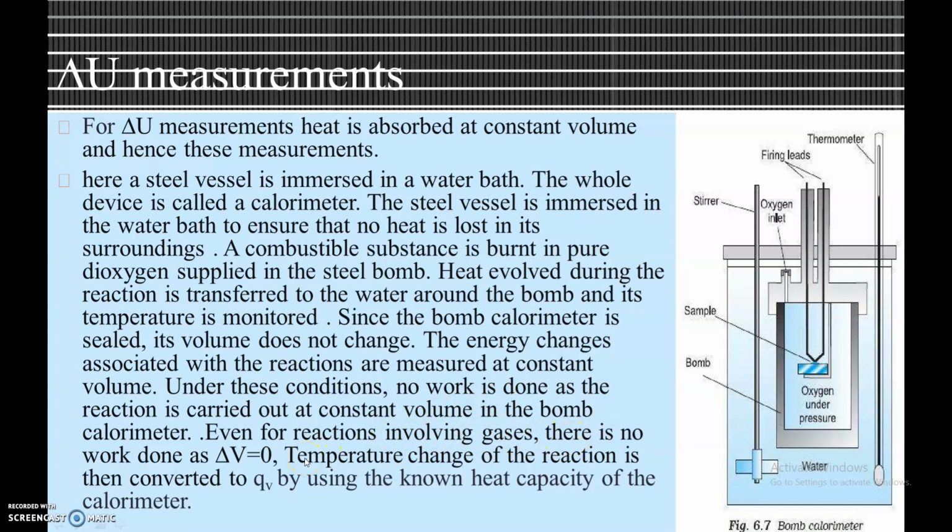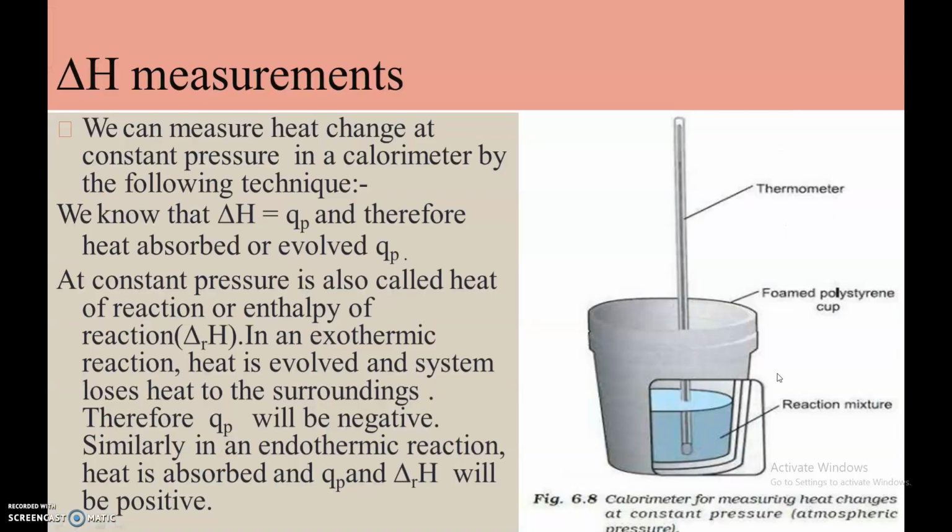Even for reactions involving gases, there is no work done, that is, delta V is 0. The temperature change of the reaction is then converted to QV by using the heat capacity of the calorimeter. If we know the heat capacity of the compound and of the calorimeter, we can easily calculate how much heat is produced.